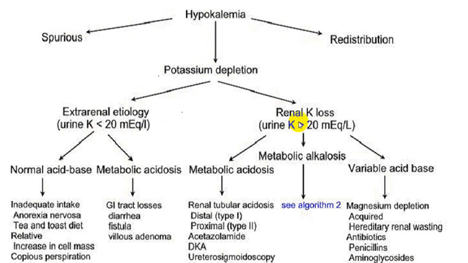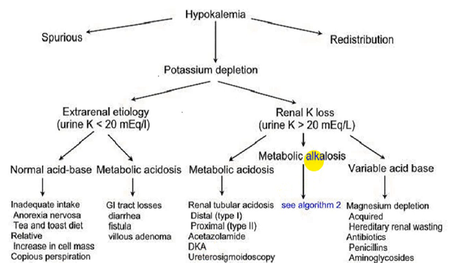In a renal cause, now we look at the pH. If the person is having acidosis, it is metabolic acidosis. In that, we try to rule out causes like renal tubular acidosis, a person on acetazolamide, diabetic ketoacidosis, and ureterosigmoidostomy. If the person has a high pH, then we look for the metabolic alkalosis group.